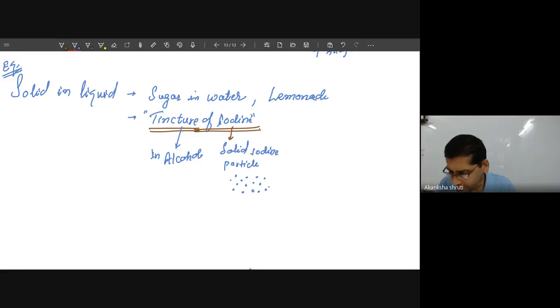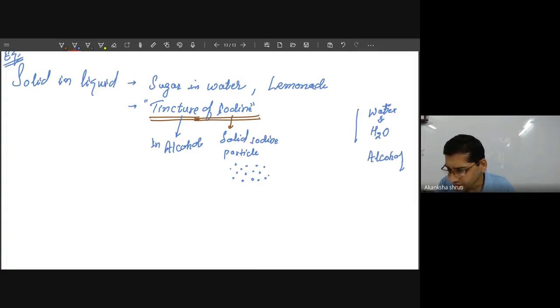Student, we have learned, if I am talking about water, water chemically represents what? H2O. In the same way, if you are taking alcohol, alcohol chemically is also a compound.